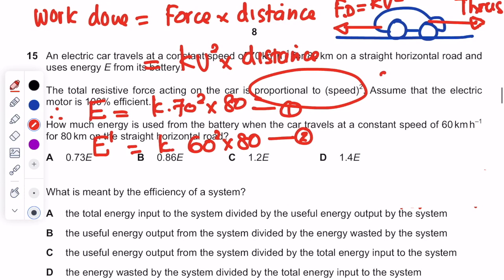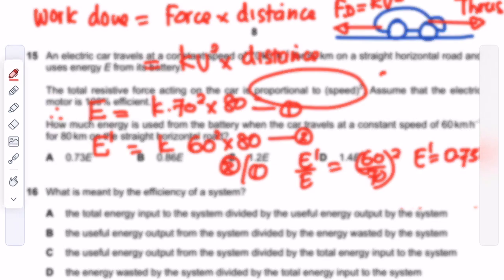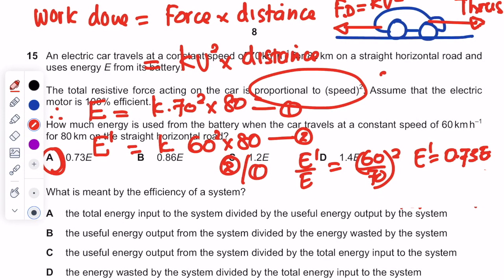If you divide, E dash over E is (60 over 70) squared. E dash, you will get 0.73 times E. Answer is A.